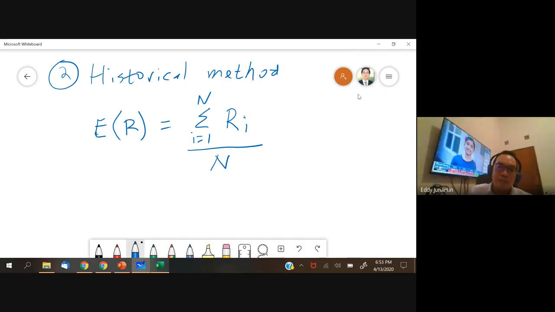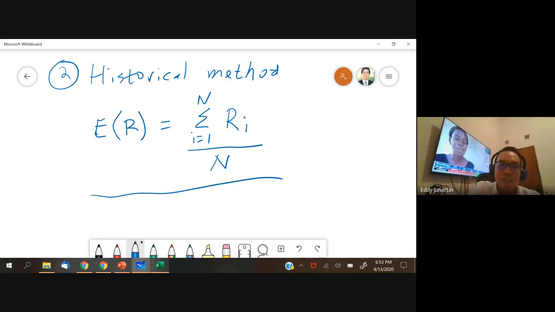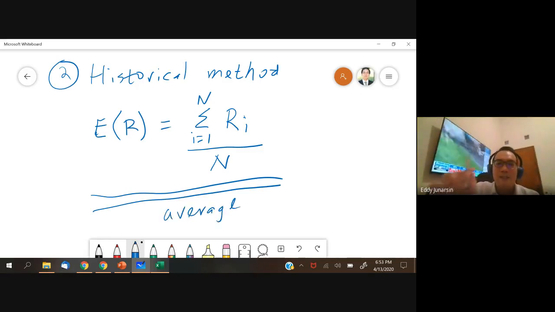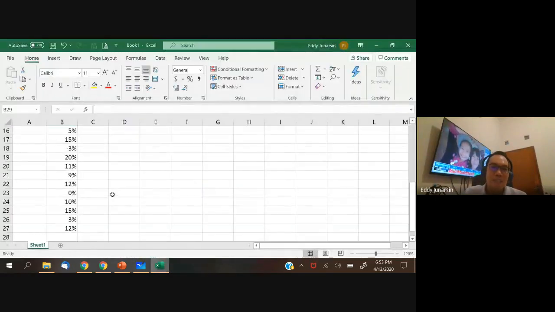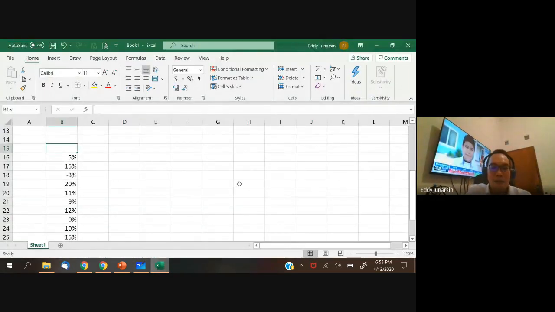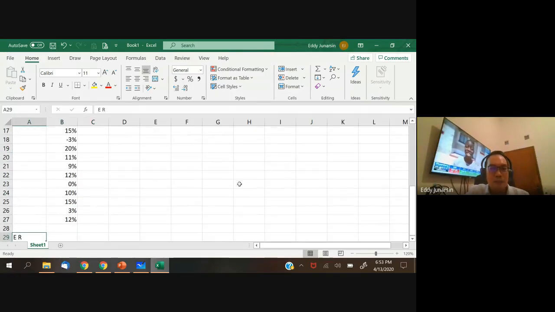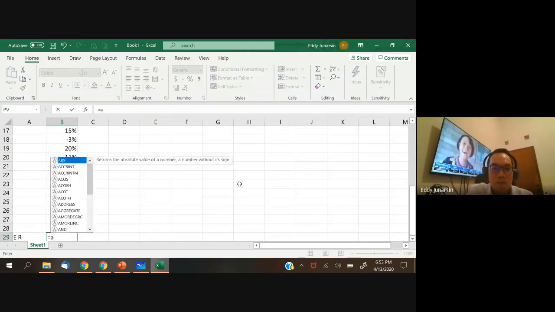So what is it? This is to calculate average, right? Or mean, right? Average of something. So it's very easy. Again, we don't have probabilities for the projected returns anymore because they have happened. So expected return based on the historical method. So this is the average.